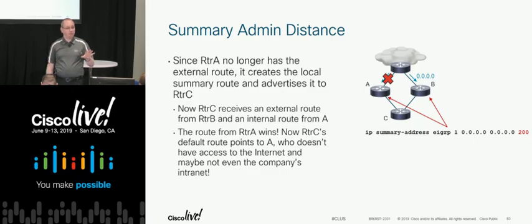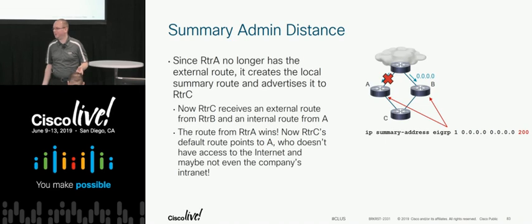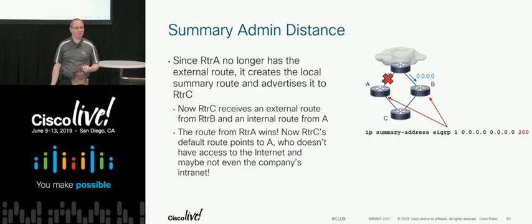Since A doesn't have the external route from the top router itself, it's going to advertise its own summary, which is going to be internal with an administrative distance of 90, and this will take over on router C, because router C sees internal through A, which leads nowhere, and B, which is external, so not as preferred. So C will converge only on A, and A is black holed. So we have a problem.